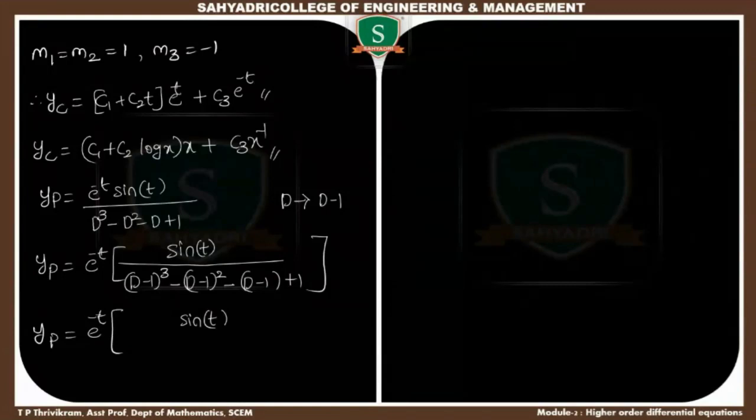Sin t divided by here d minus 1 whole cube. So I'll get d cube minus 1 cube minus 3d square minus 3d. Is it correct?